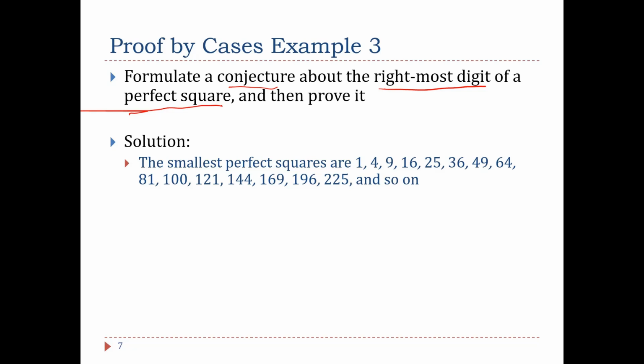For example, 1 squared is equal to 1, 2 squared is equal to 4, 3 squared is equal to 9, 16, 25, 36, etc., up to 100, and you can also continue from there on. And you have to think about the possible values that you have in the rightmost digit.